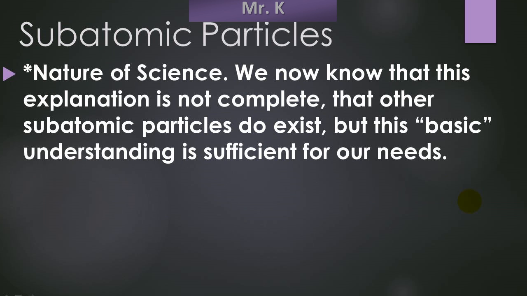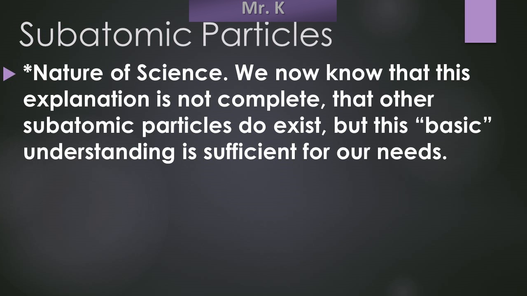This is a nature of science point brought up by your book. We now know that this explanation, the one I just described about an atom, is not exactly true. The subatomic particles of the neutron, proton, and electron aren't the smallest ones that exist. There are smaller ones that we won't talk about in this unit, but this basic model is good for our needs.